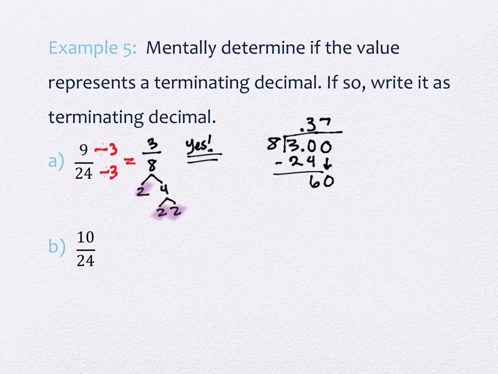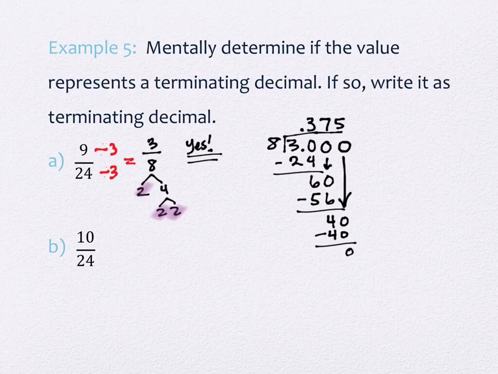How many 8s go into 60? 7. 7 times 8 is 56. And if I subtract, I get 4, which means I'm not done. So I'll put another 0 and bring it down. 8 goes into 40 how many times? 5. So I have 5 above my last 0 that I incorporated. 5 times 8 is 40.